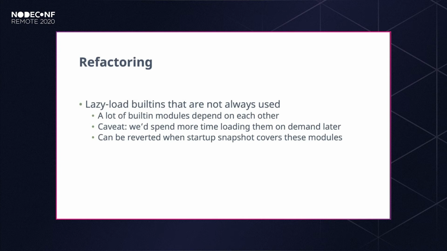The downside of doing this is that we will spend more time loading these modules when the user invokes some operation that really requires them. So this was just a temporary thing. We can revert the lazy loading when we can just deserialize them from the startup snapshot, which we're going to talk about later.